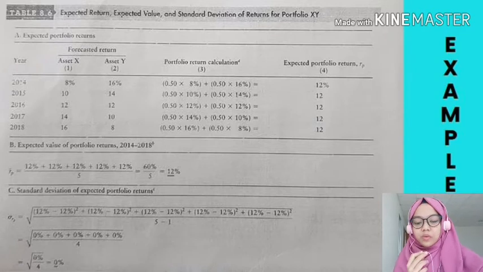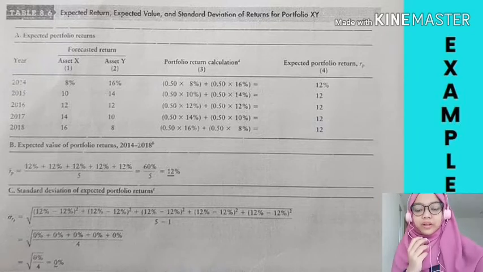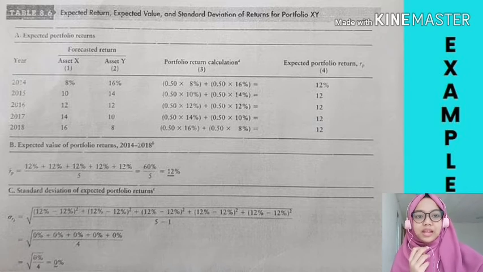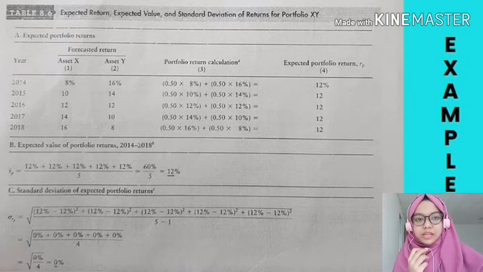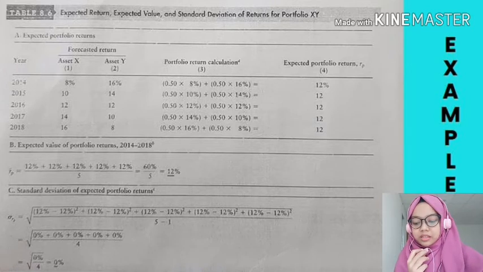We know here 50% is for each asset, so just 50% times 8%, 8% is asset X, plus 50% times 16%, 16% is asset Y, and the result is 12%. So on for the next years until 2018, the result is 12%.